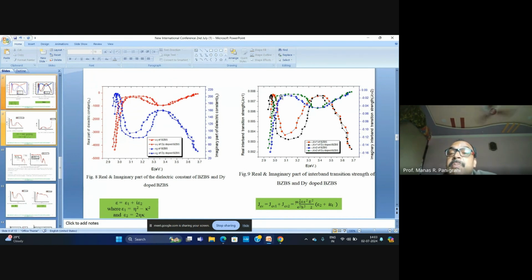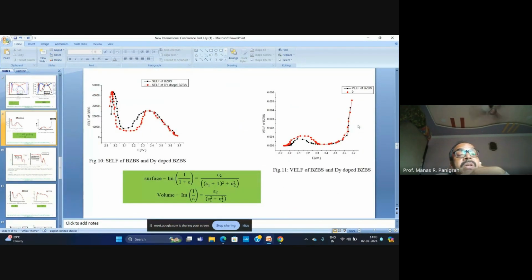Then they attain a particular peak, decrease at around 3.4 electron volt, which is the minimum energy of the absorption in the absorption spectra. Then they again increase. Of course, this imaginary part, we make use of in calculation of the dielectric constant.